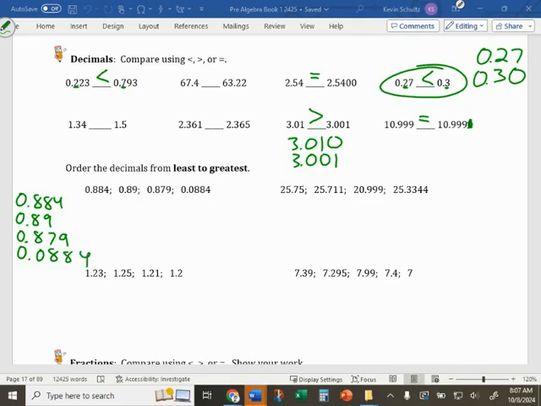Our longest decimal goes out to the 10,000ths place, 4 places, which means we've got to add zeros on all of these to match it up. Okay? Now you look at this and you can compare, kind of like 8,840 to 8,900 to 8,790 to just 884. And you can compare them like that.